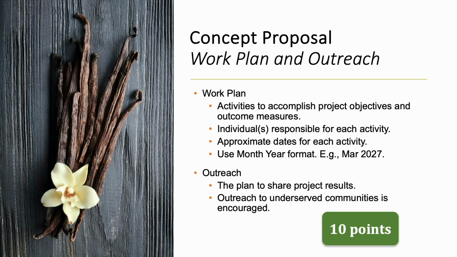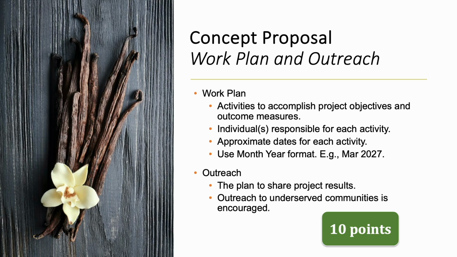The next section is about the project work plan and outreach. In the text box, describe the proposed plan to accomplish the work plan. List the activities that will be conducted to ensure that the project objectives and selected outcome measures can be achieved. The work plan should also indicate who will be responsible for each activity. Note that anyone who is designated to receive funding in the budget section must be listed in the work plan.